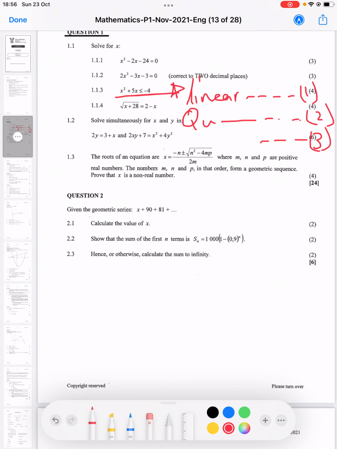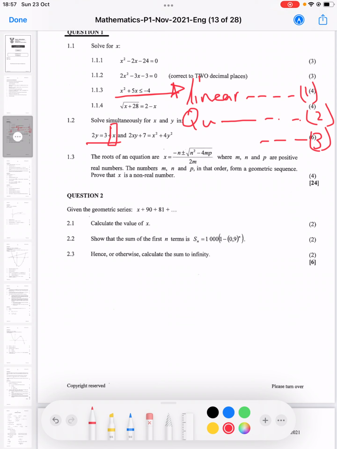So linear, it is the one which is easy to derive, where you make either x or y the subject of the formula. How do you know which one to make the subject of the formula? Just look at the equation itself. So can you see this x? It is the one which is just an isolated letter.